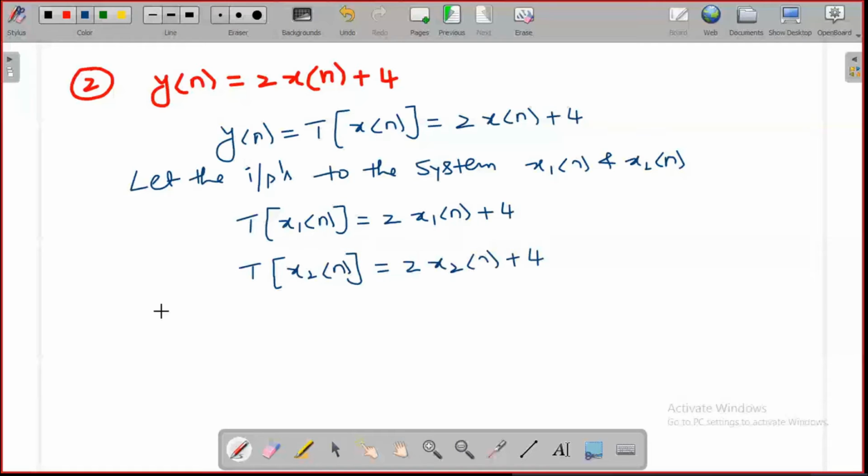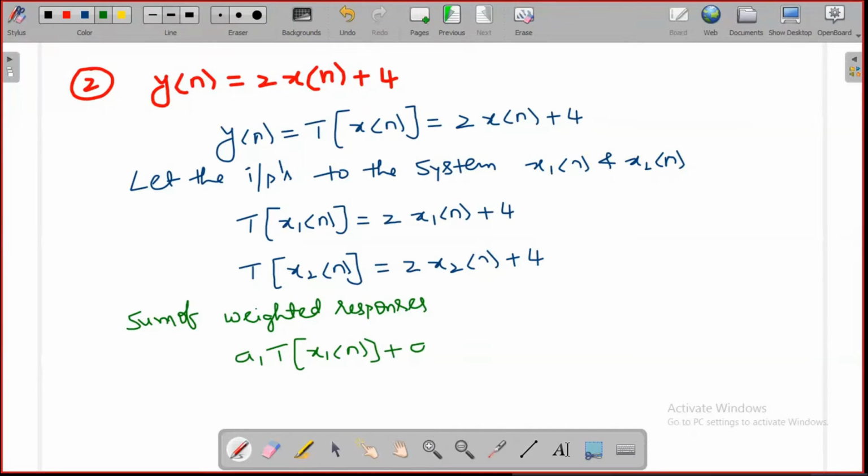Now find the sum of weighted responses. That is a1 T of x1 of n plus a2 into T of x2 of n.